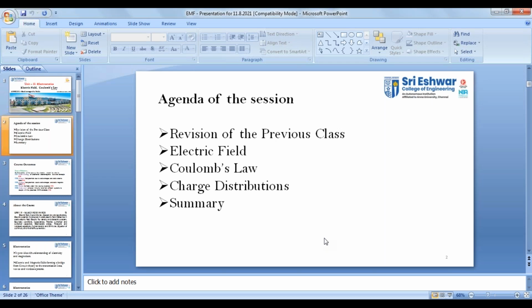Any other student volunteer from A section? What is CO1? Sir, understanding of fundamental electromagnetic laws and concepts. Okay. Thank you, Renuka Devi.